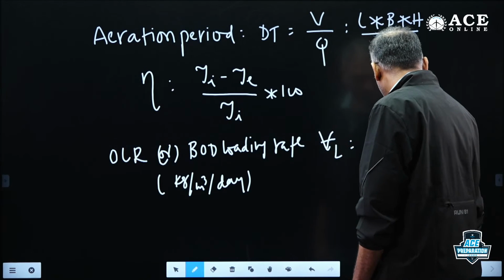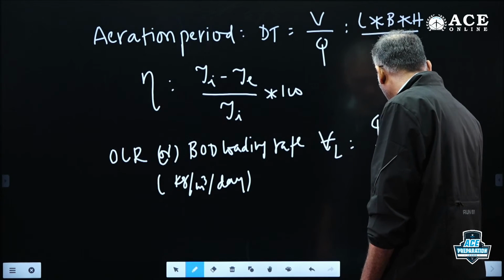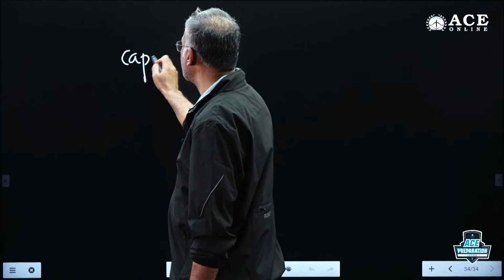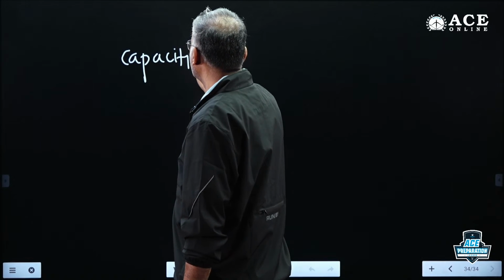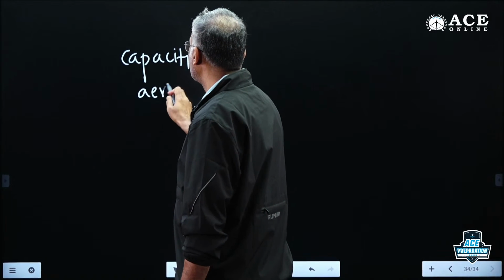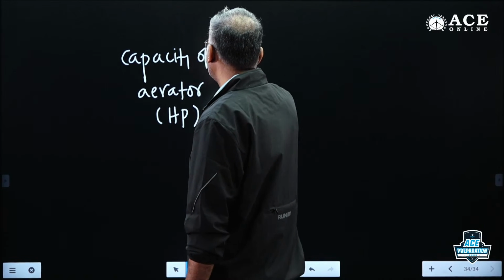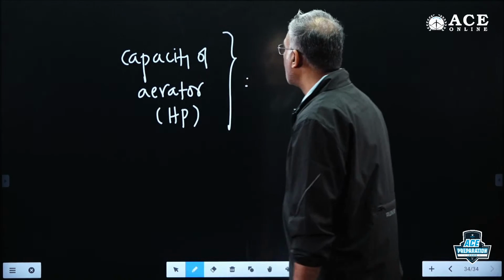In addition to that, what extra is there? Suppose, what is the capacity of aerator required? The capacity of aerator is nothing but a pump, in HP. In HP we will find out, right?